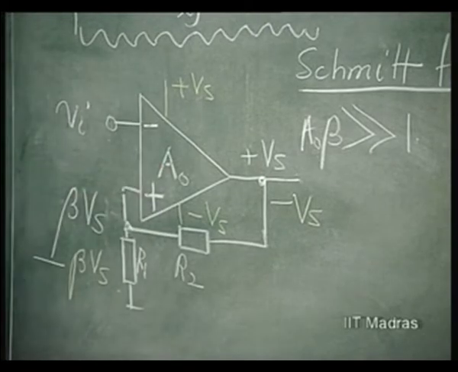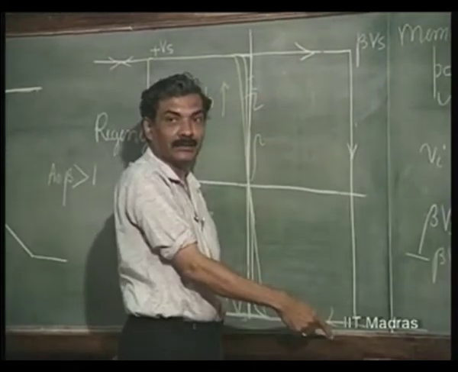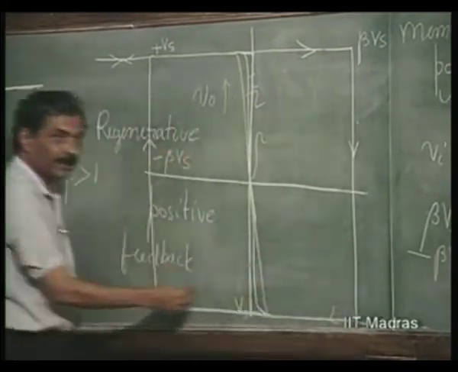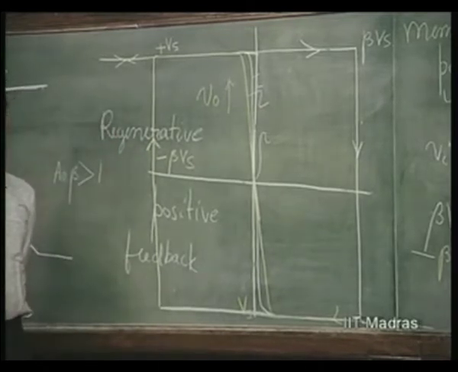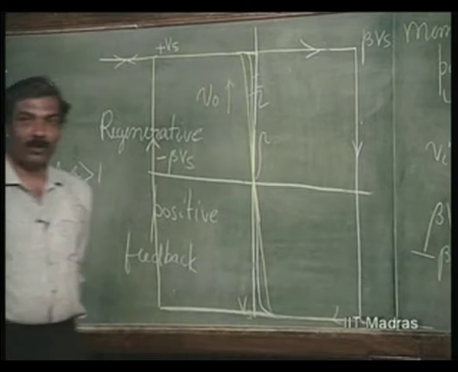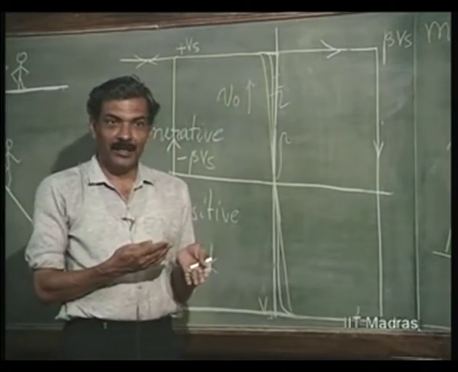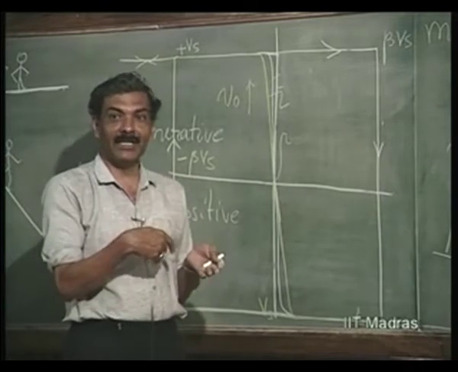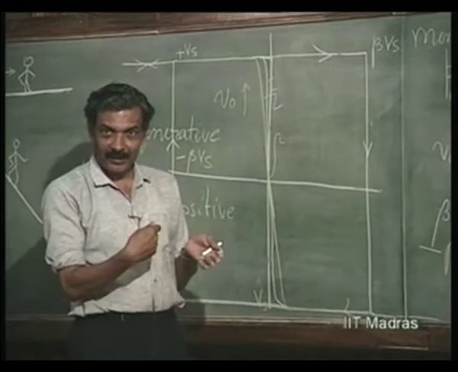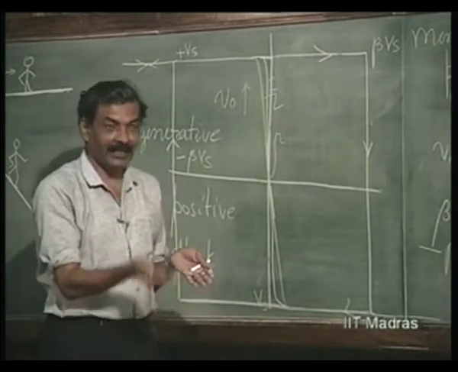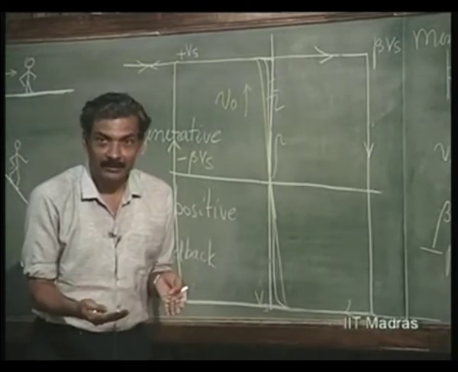Because if the input is increasing, it says I will change state only at beta Vs. If the input is decreasing, it says I will change state only at minus beta Vs. So, if it is increasing or decreasing, what does it mean? It has memory, because how does it know whether it is increasing or decreasing? Only if it knows its previous state compared to the present state, it will know whether it is increasing or decreasing. That is why it has memory, right.